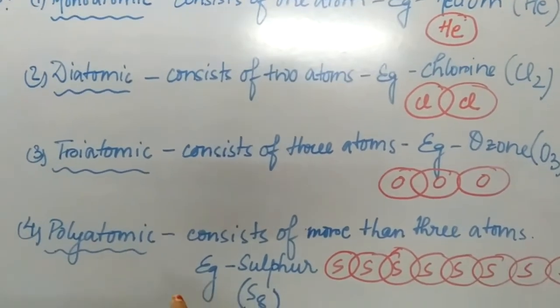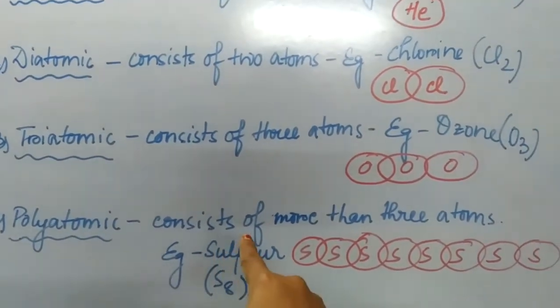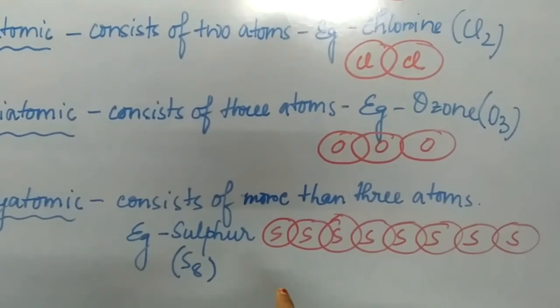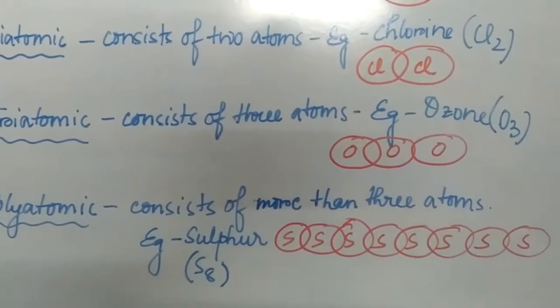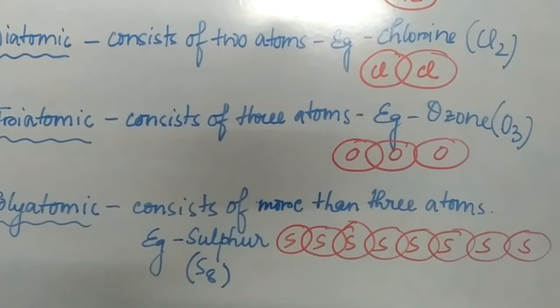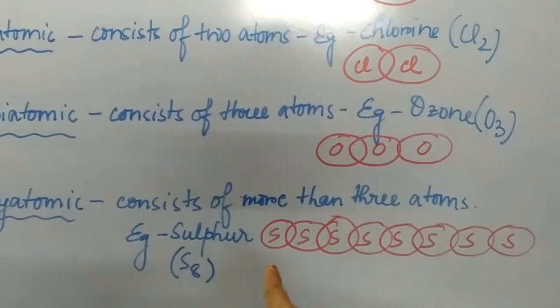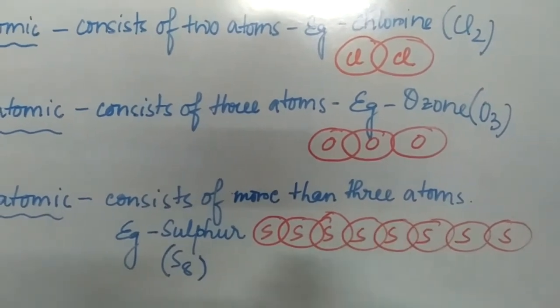And the last one is polyatomic molecule, which means a molecule which consists of more than three atoms. For example, sulfur. Phosphorus, I have already shown you that it consists of four atoms. And here I have shown sulfur, which is S8. Means it consists of how many atoms of sulfur? You can count also, students.